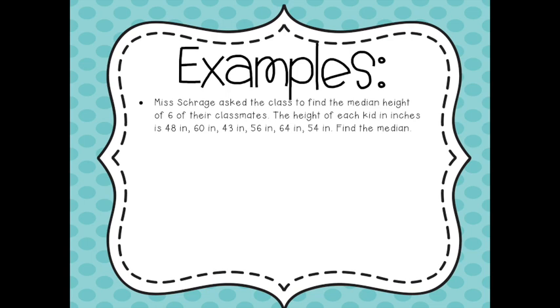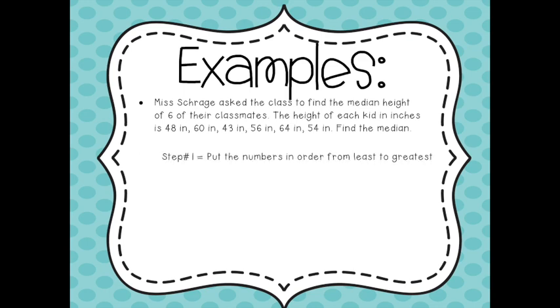Okay, this example is Miss Shragi asked the class to find the median height of 6 of her classmates. The height of each kid in inches is 48, 60, 43, 56, 64, and 54. Find the median. Hopefully you're thinking to yourself, what is my first step in finding the median? And that should be put them in order from least to greatest.